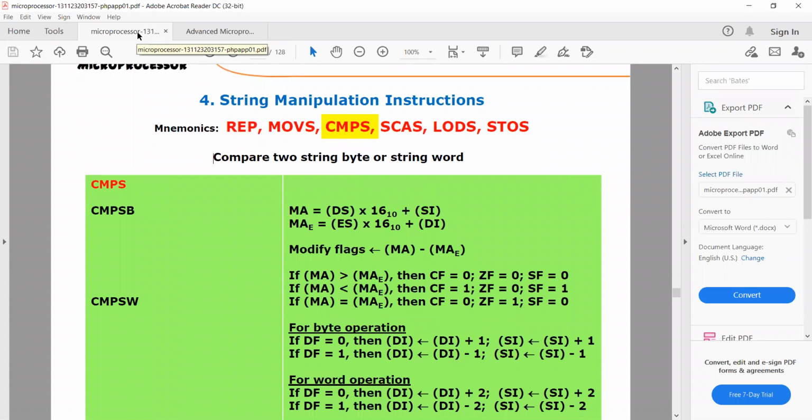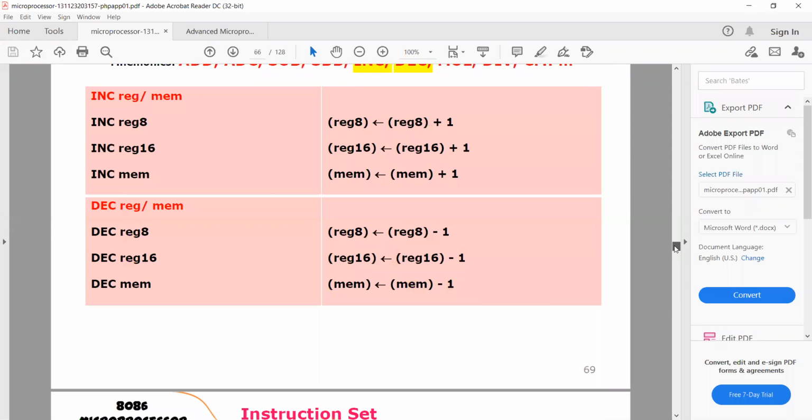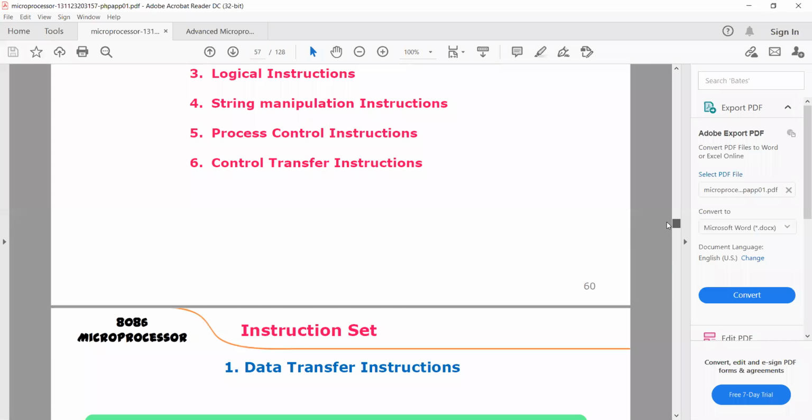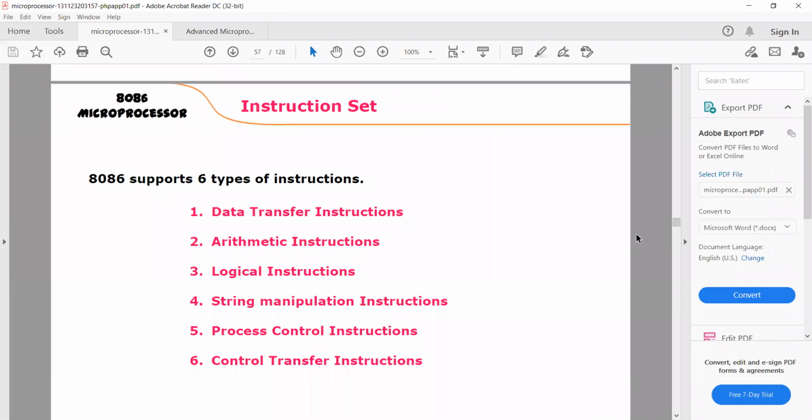We'll complete them slowly; it's not a big deal, so let's not hurry. If there are any doubts, you can ask me now. We are left with three categories of instructions: string manipulation instructions, process control instructions, and control transfer instructions.